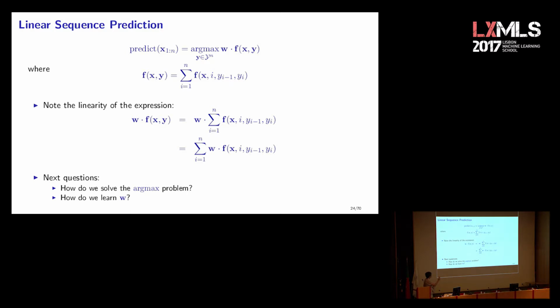There are two cases. The fact that it's a factor model: a factor model is one that, to predict the score of an output sequence, sums the scores of parts of the sequence.